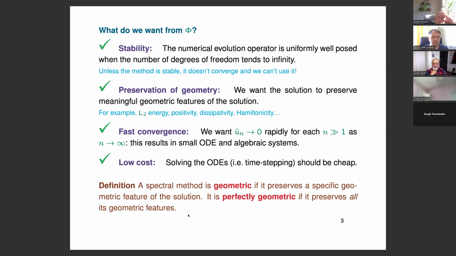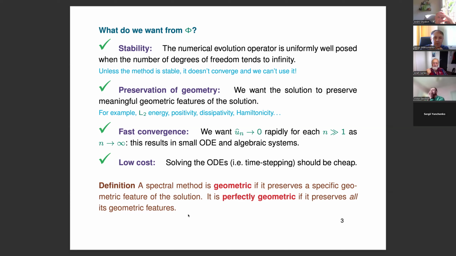Requirement number 2 is preserving the geometry of the solution. Typically, PDEs have a whole range of geometric features which are important both to understand their mathematical behavior and in implementations in physics. For example, some PDEs conserve L2 energy, others dissipate L2 energy. Dispersive equations preserve L2 energy, the diffusion equation dissipates L2 energy.